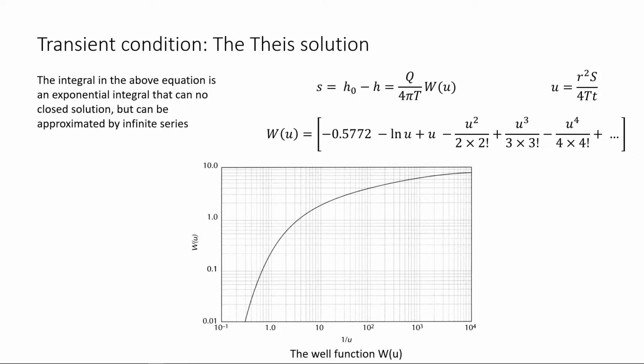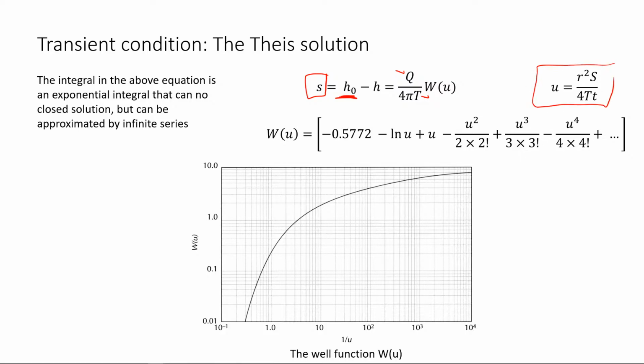In that case, Q is known and T is known, my pre-pumping head H naught is known, and the only thing I want to know here is drawdown. So that is the solution. It's called an infinite series because it's not a closed form. It has many of these series terms, and U is given by this expression.